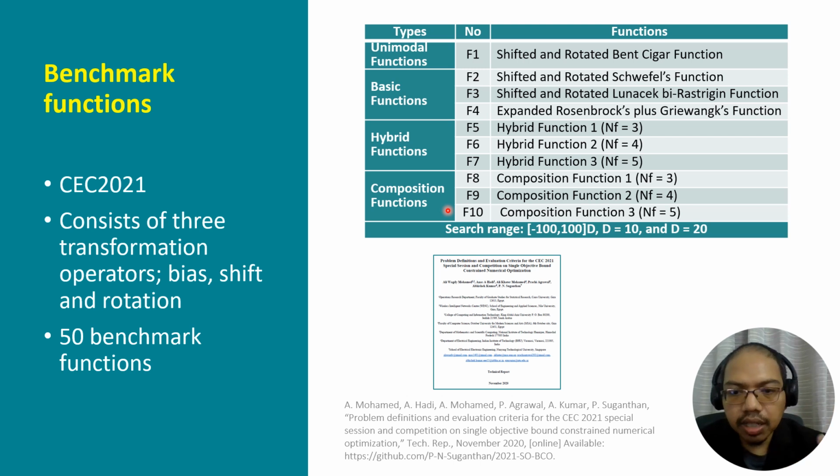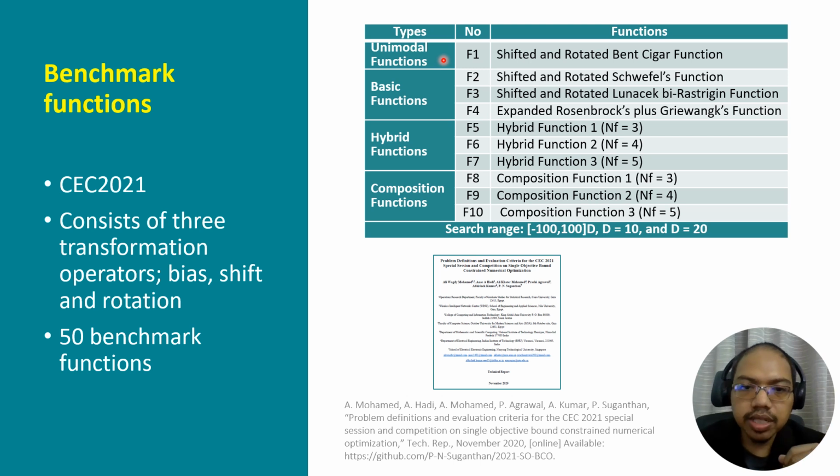An additional thing that has been added inside CEC is what we call a transformation operator, meaning that each of the function types that we have consists of bias, shift, and rotation that we can actually control.